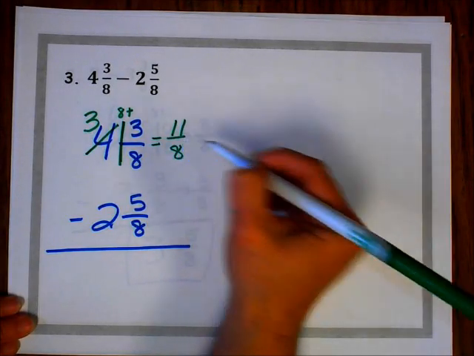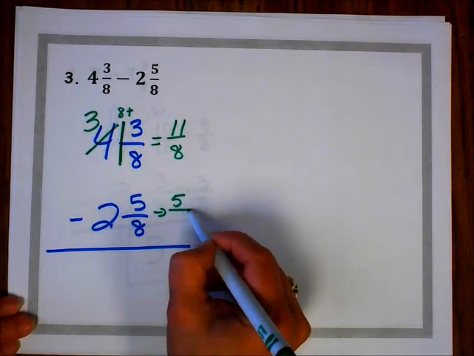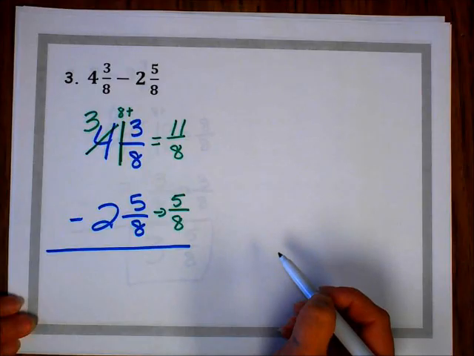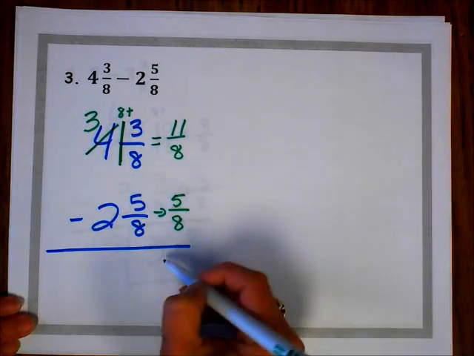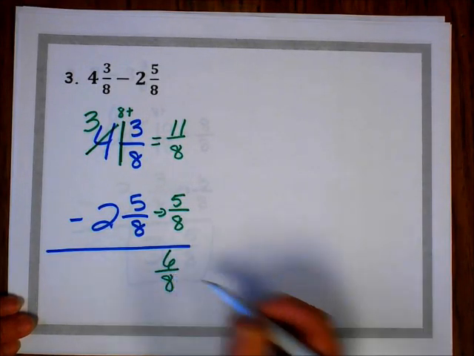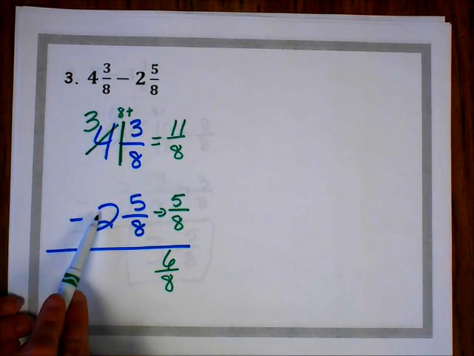So I have 11/8. I'm going to slide my 5/8 over. Now I'm finally able to subtract. 11/8 minus 5/8 is 6/8. Now let's subtract our whole numbers. 3 minus 2 is 1.